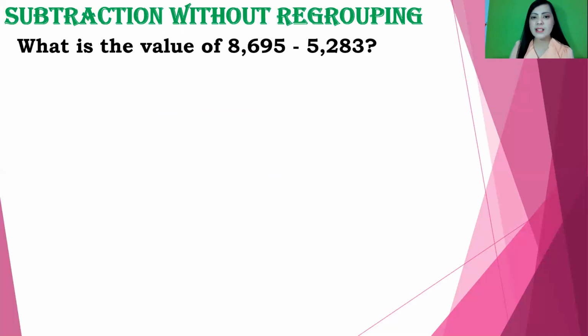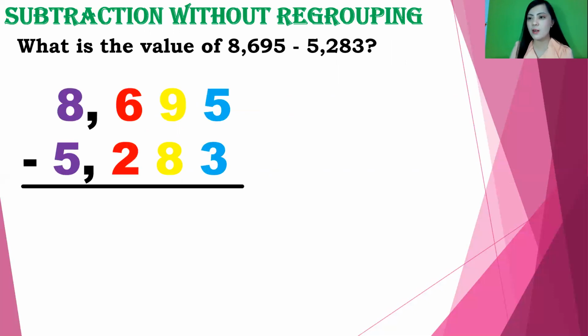What is the value of 8,695 minus 5,283? As I have said, when you minus or when you plus, see to it the numbers are aligned according to their place value. So 5 and 3 in the ones place, 9 and 8 in the tens place, 6 and 2 in the hundreds place, 8 and 5 in the thousands place.